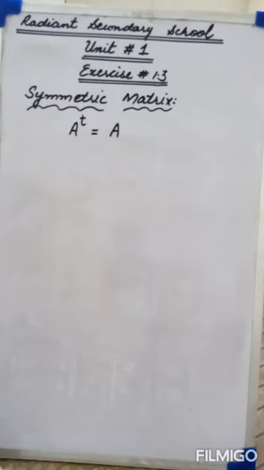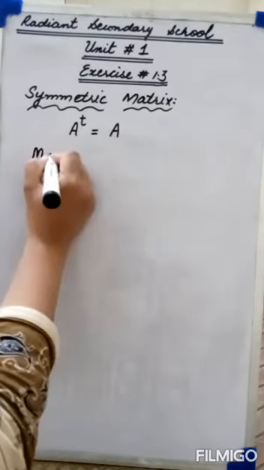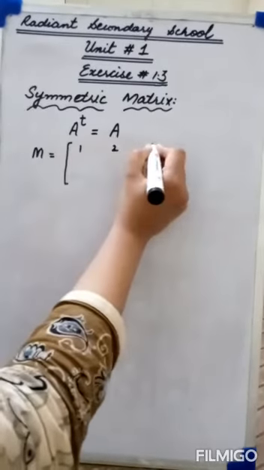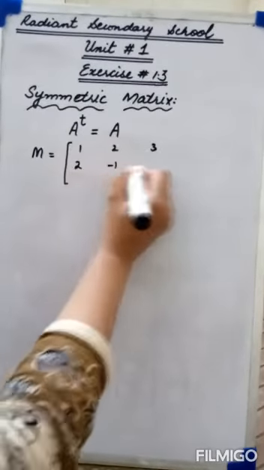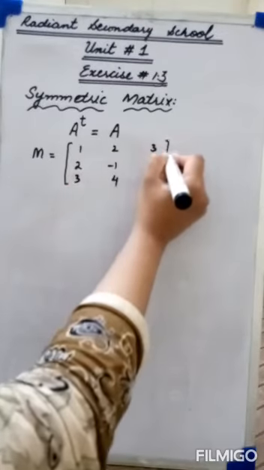Let's suppose I have the matrix M, and these are the entries: 1, 2, 3, 2, minus 1, 4, and 3, 4, 0.